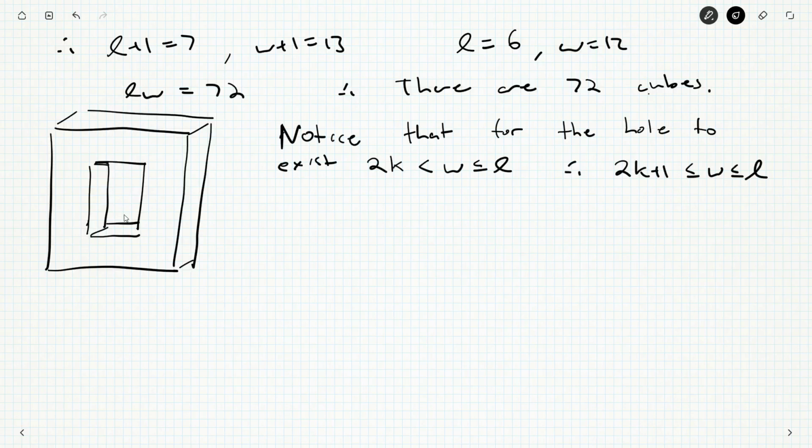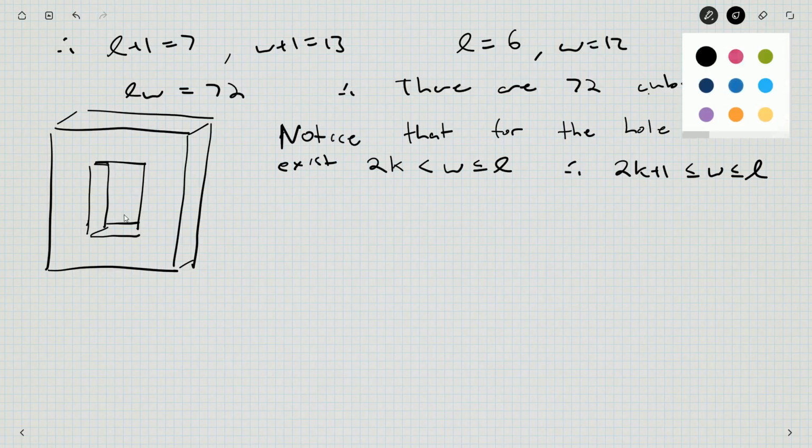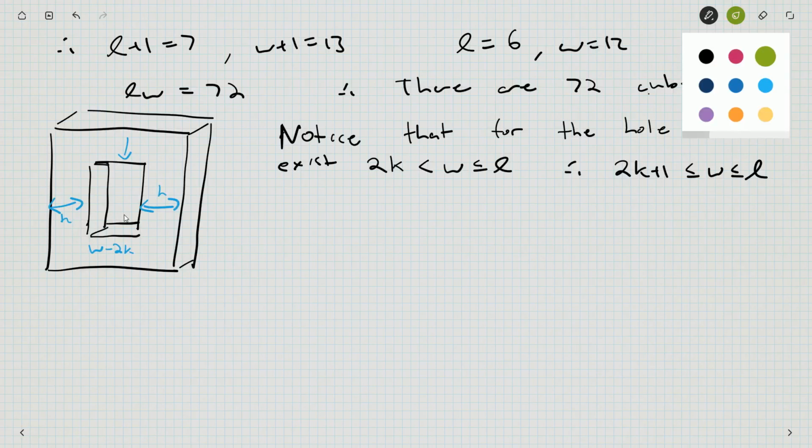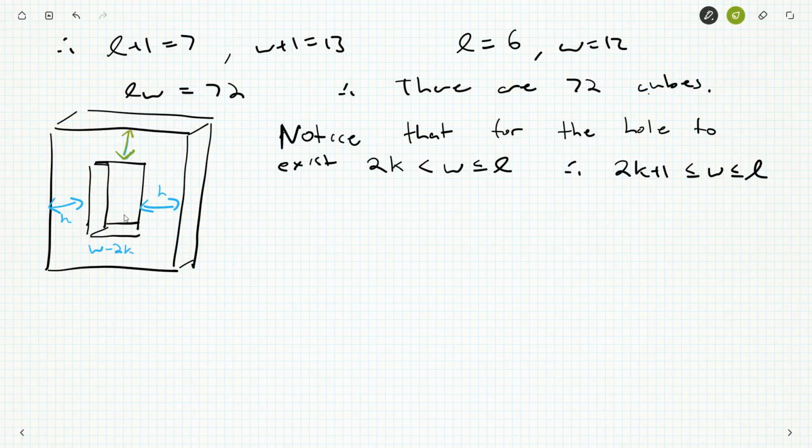I don't know. If we're coming in k on both sides, this is going to have to be w minus 2k. And we'll use a different color here. We'll use green. This is also k, and this is also k. So this whole side here is going to have to be L minus 2k.